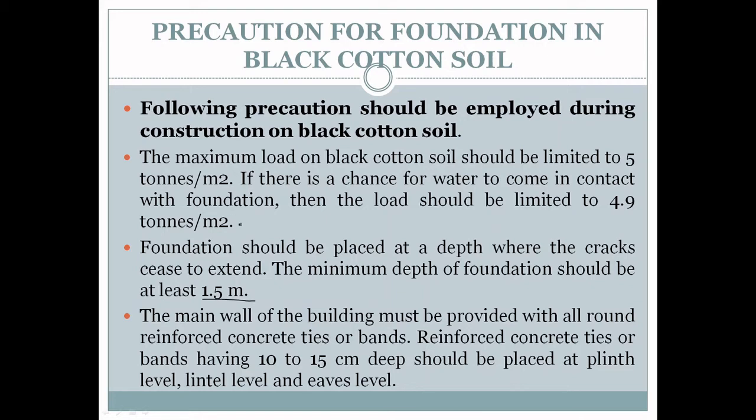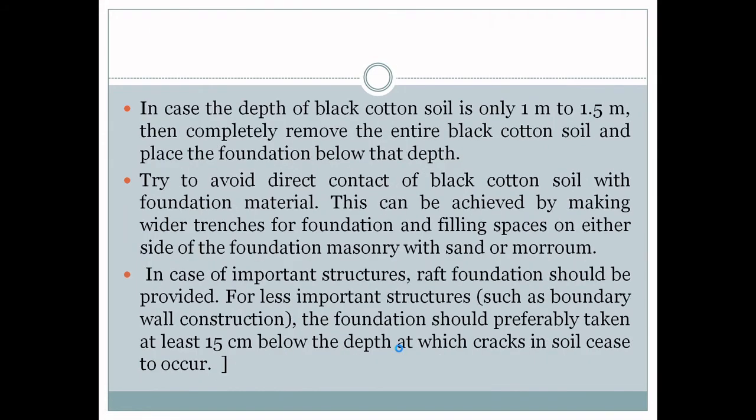Next, the maximum load on black cotton soil should be limited. If the load on the soil is limited, then any kind of foundation can be used for black cotton soil. Next, the main wall of the building must be provided with all round reinforced concrete ties and band.